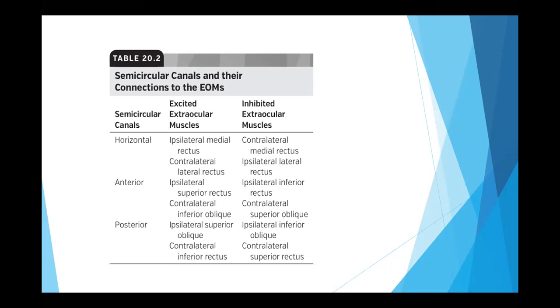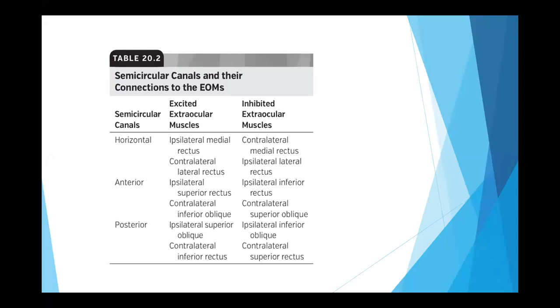If there is a movement in the anterior semicircular canal, that's where the complexity starts. It is not exactly the superior and the inferior rectus, but your inferior oblique and superior oblique also come into the picture, which means when there is a movement detected in the anterior semicircular canal, the eye not only goes up and down, it is also rotating.